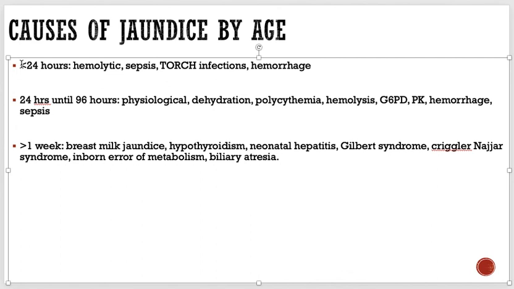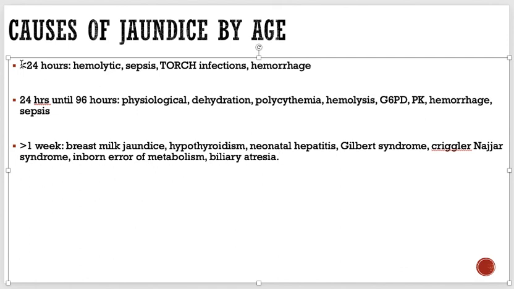Even they don't know they have this syndrome because they stay normal, but whenever they have some stress, like extreme exercise or starvation, their bilirubin level increases for a while and they appear jaundiced. So this is Gilbert syndrome.